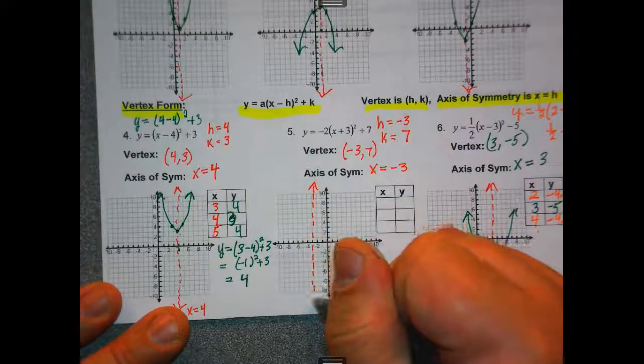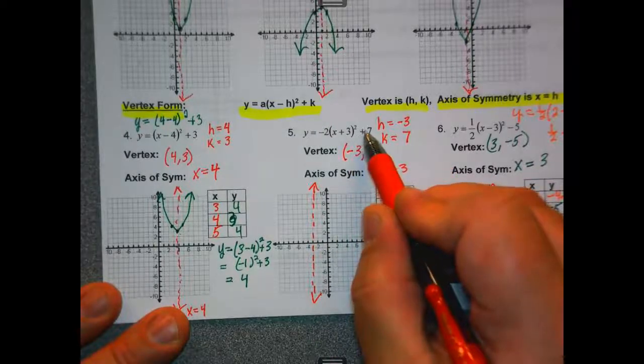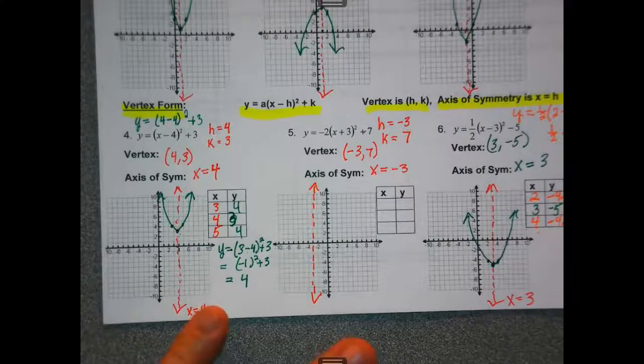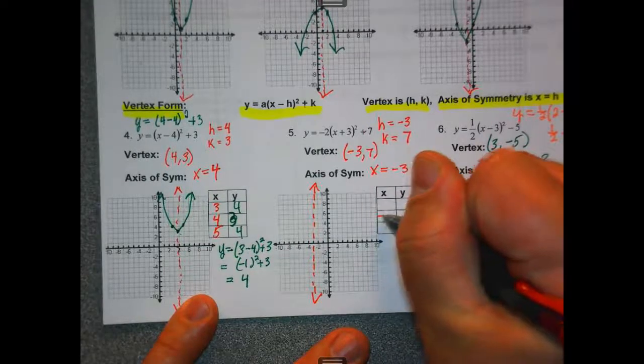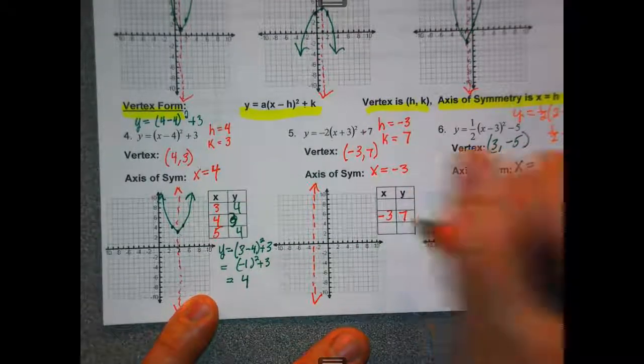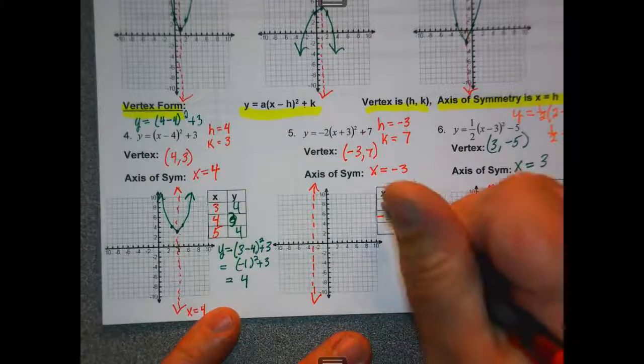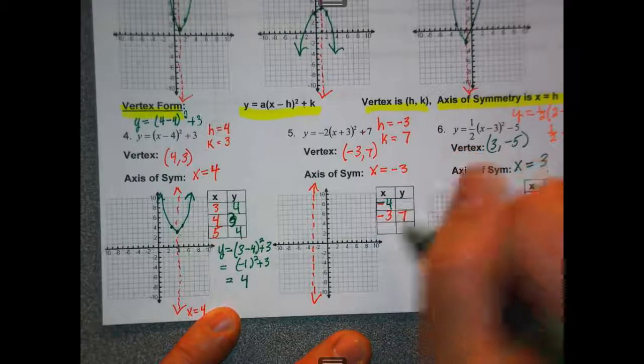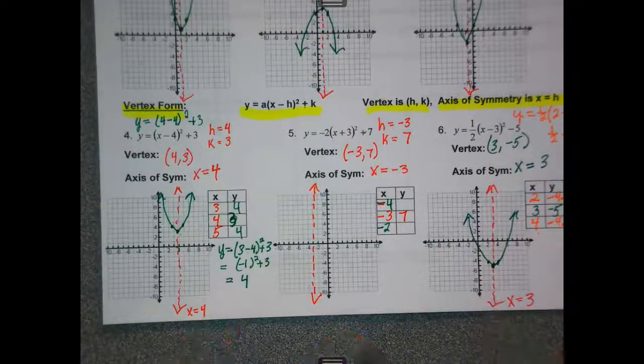Nope. Because the formula is plus k. Okay, my vertex, negative 3, 7, which means I need 2 more points. I need 1 less. I'm going to choose negative 4 and negative 2. I'm going to use negative 2.